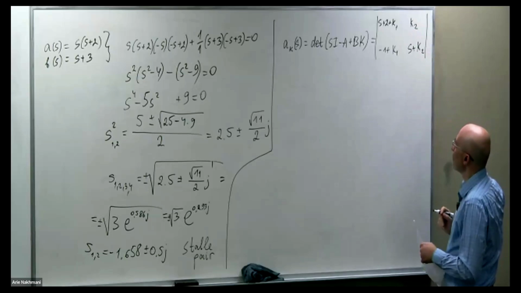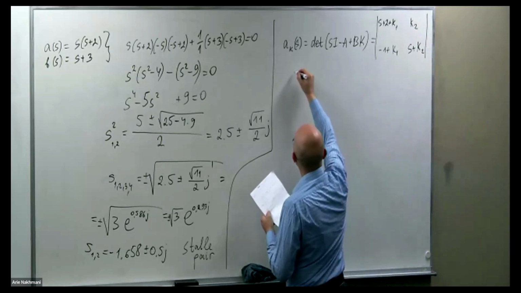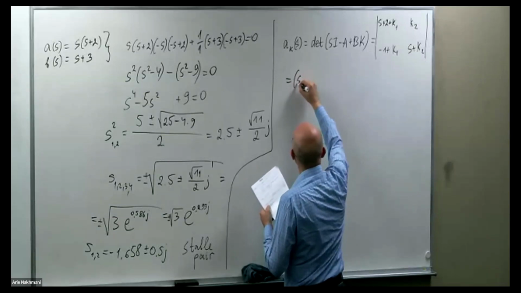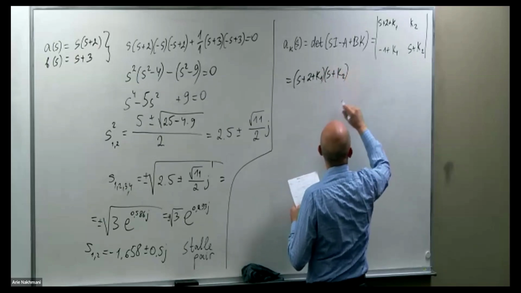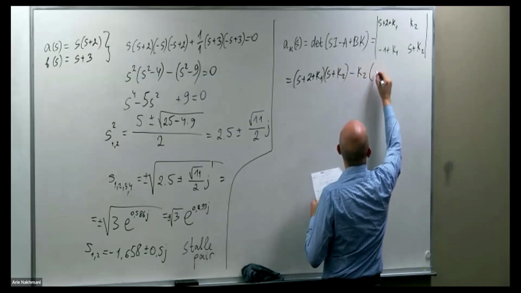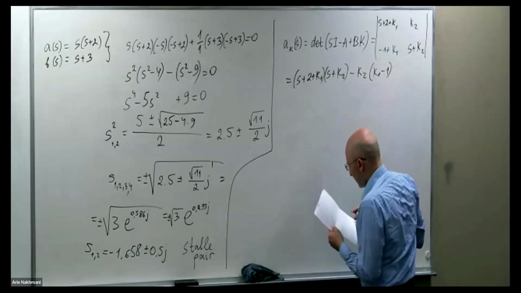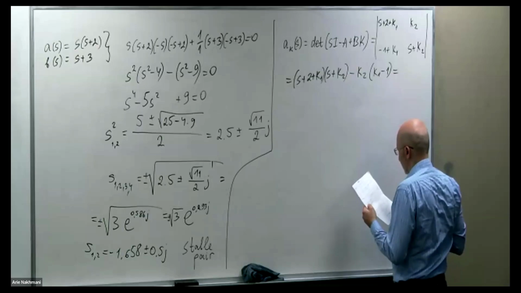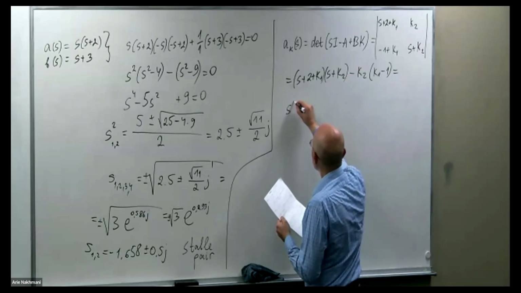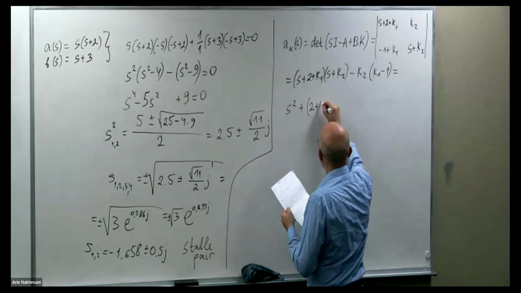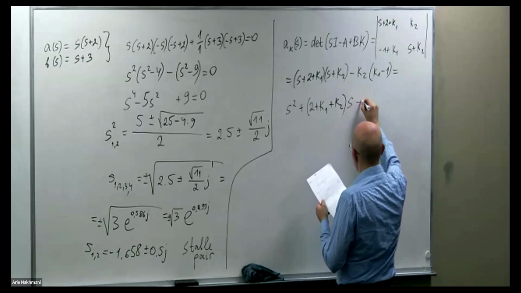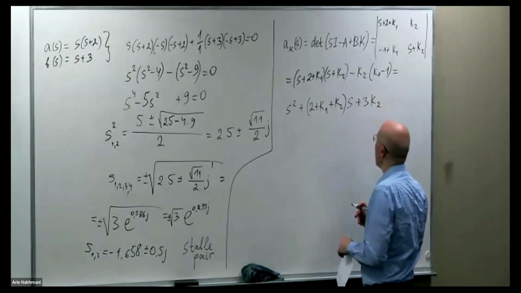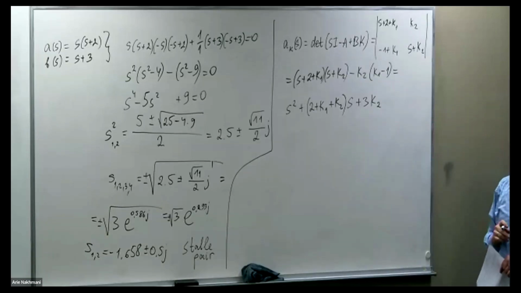That can be determined more explicitly: s plus 2 plus K1 times s plus K2 minus K2 times K1 minus 1. This will be s squared plus 2 plus K1 plus K2 times s plus 3K2. So this is our actual closed loop characteristic polynomial.